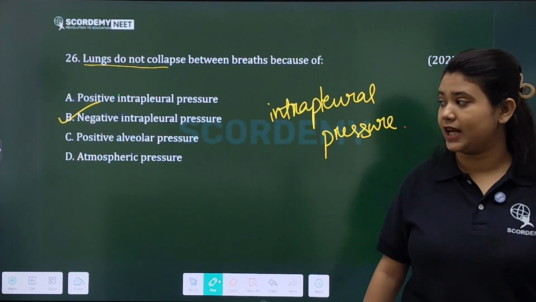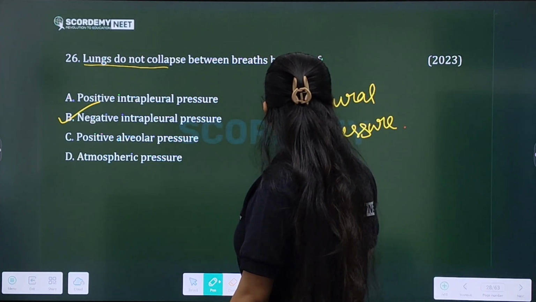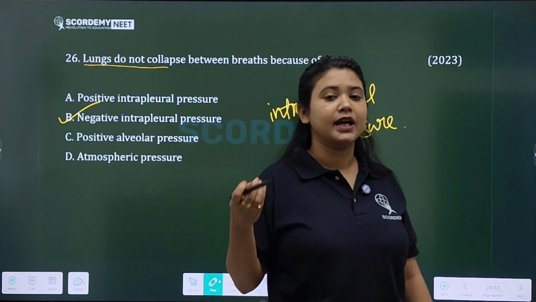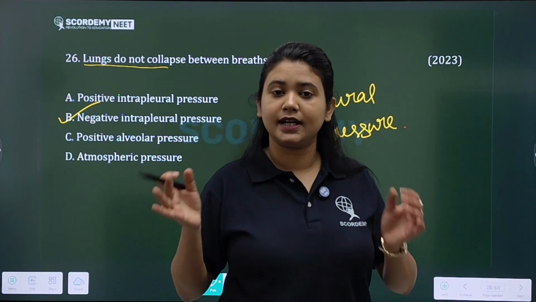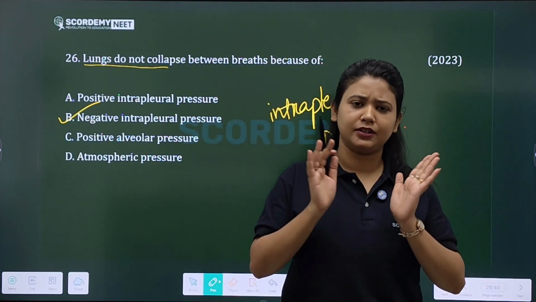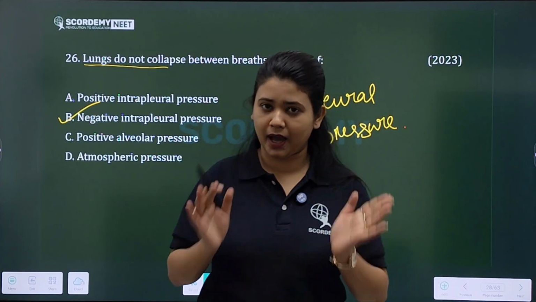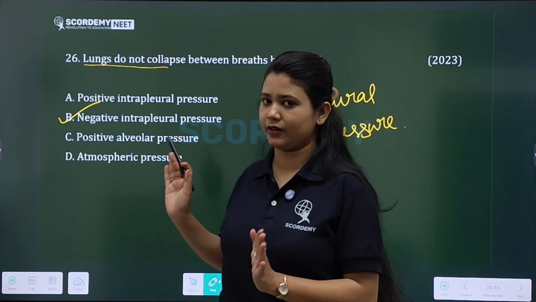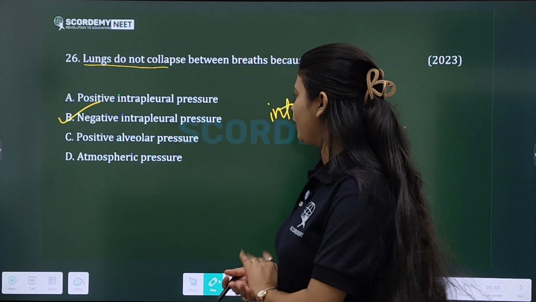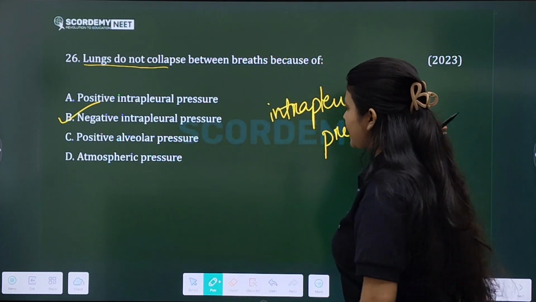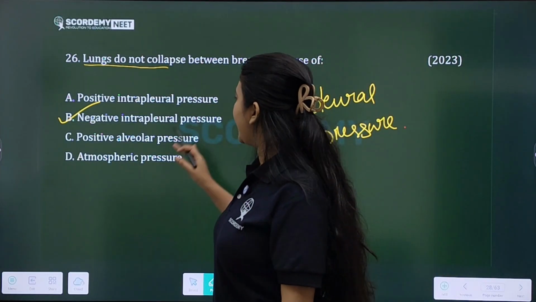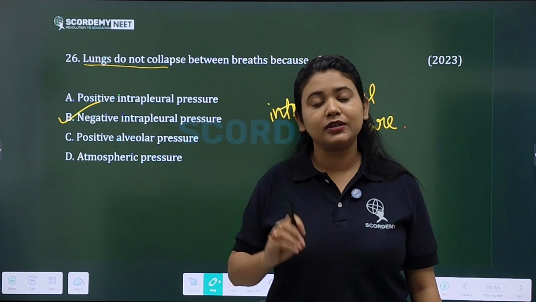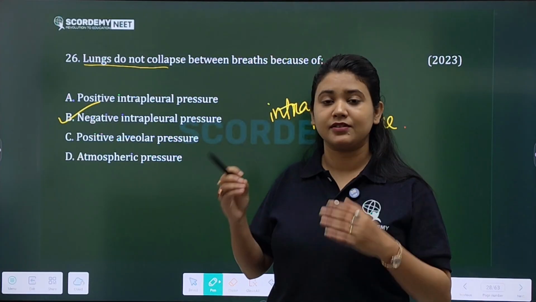The pressure in your pleura will be lower than atmospheric pressure, thus it helps the lungs to remain expanded, thus preventing collapsing. So again, whether it is pleural pressure or residual volume, both these concepts are very important.